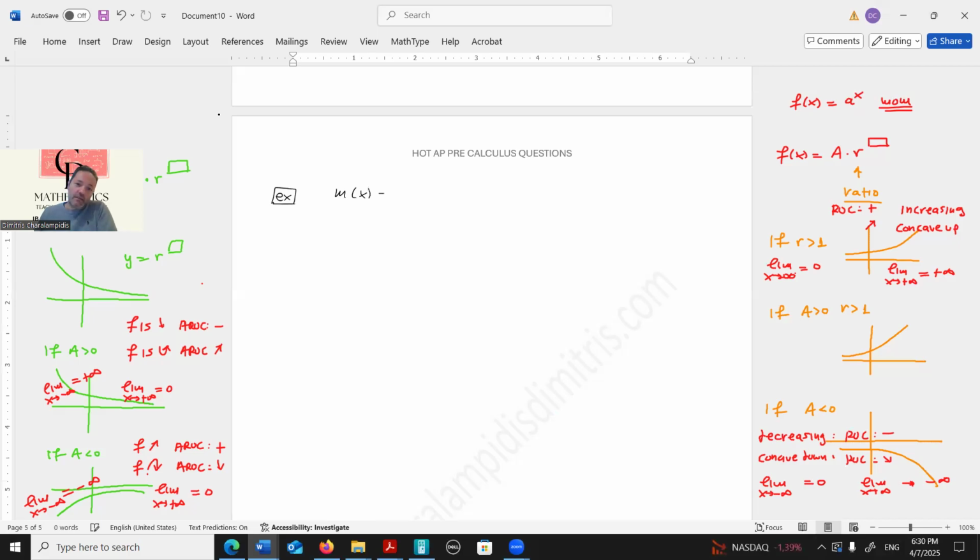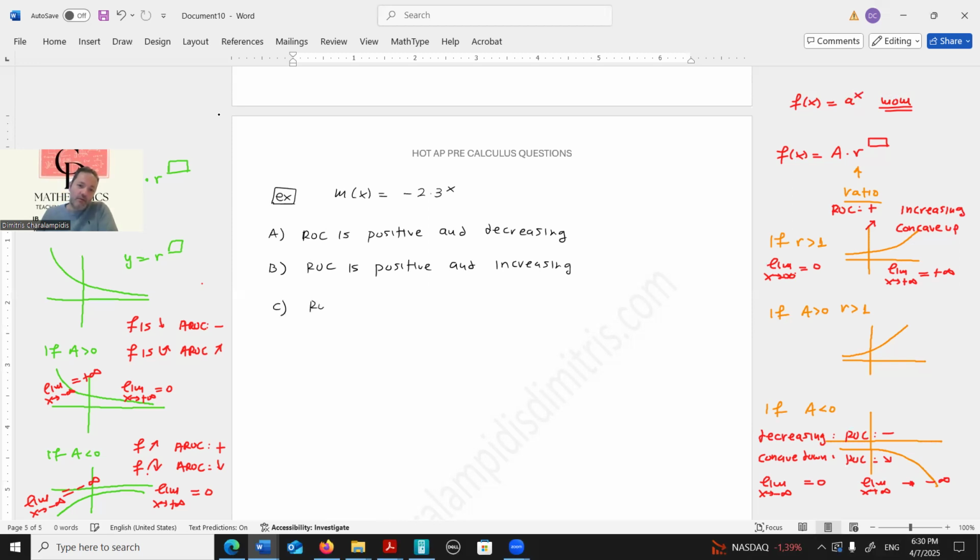M of x is -2 times 3 to the power of x, and the rate of change is: A, positive and decreasing. B, rate of change is positive and increasing.